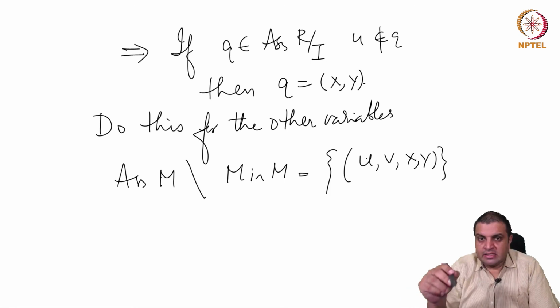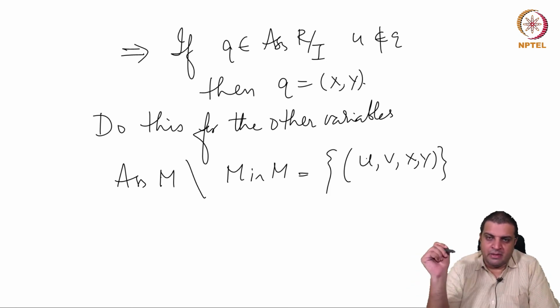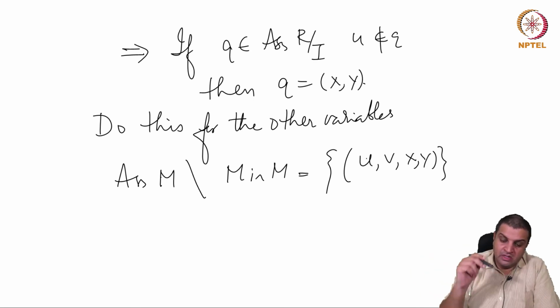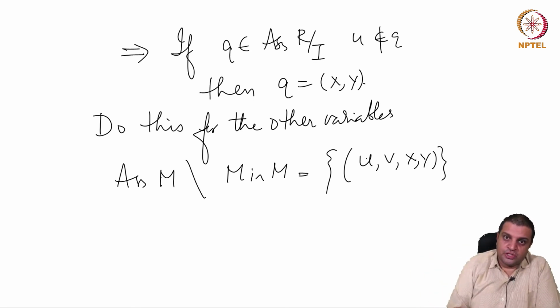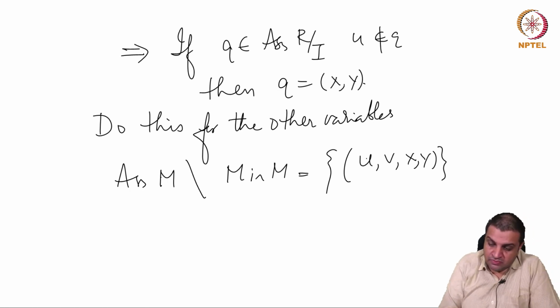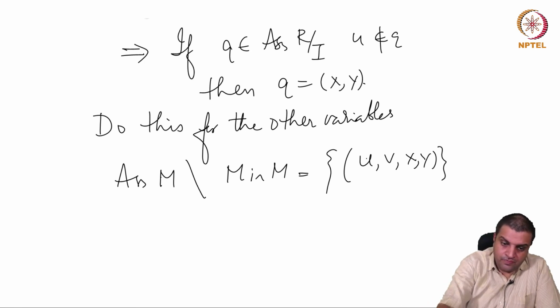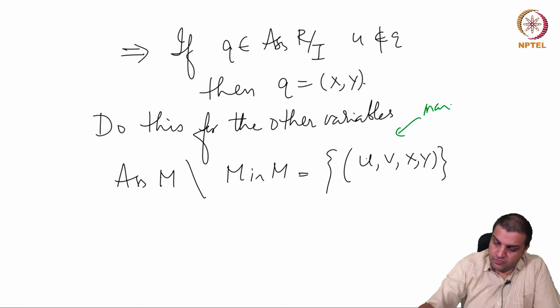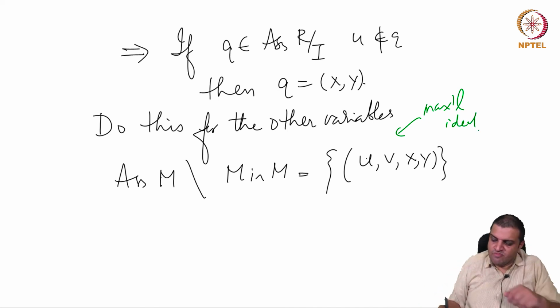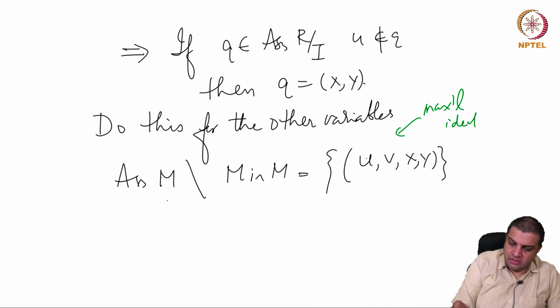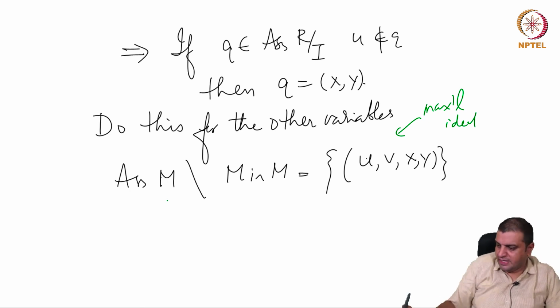However, we know that there is an associated prime which is not minimal because the minimal components don't give I. It's something bigger than I. Therefore, there's only one solution: there is an associated prime which has all the variables, and this is the maximal ideal. So therefore, the associated primes are the minimal primes over I plus this maximal ideal.